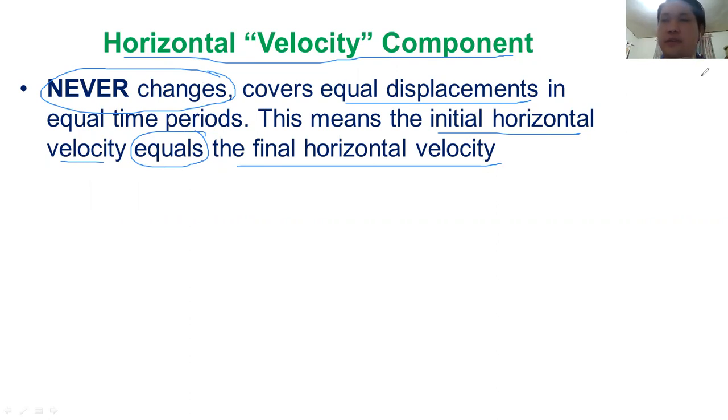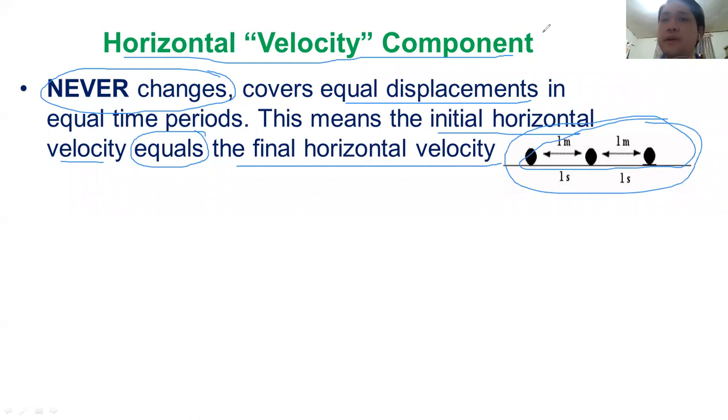Another thing we can describe here, as you can see, 1 meter per second is equal to 1 meter per second. That means that the initial horizontal velocity, which is 1 meter per second, is equal to the final horizontal velocity, which is also 1 meter per second, based on the illustration.